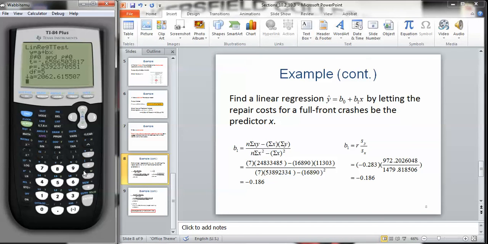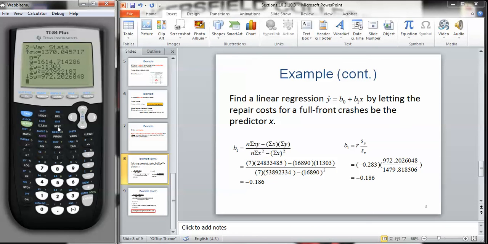So let's turn it on again. First, getting the summations. You go to STAT, CALC, then 2-Var Stats, and then enter. Make sure it's referring to L1, L2, or whichever columns you store your data in. Here you see you have n, the sum of x, sum of y, so everything you need.